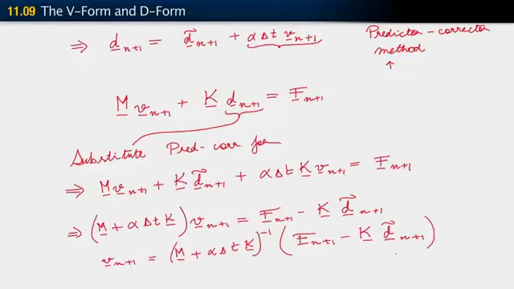Right. Now, I'm going to make a couple of remarks. The first remark is that if instead of m we use the lumped mass, and furthermore we use alpha equals 0, okay, this would be forward Euler.